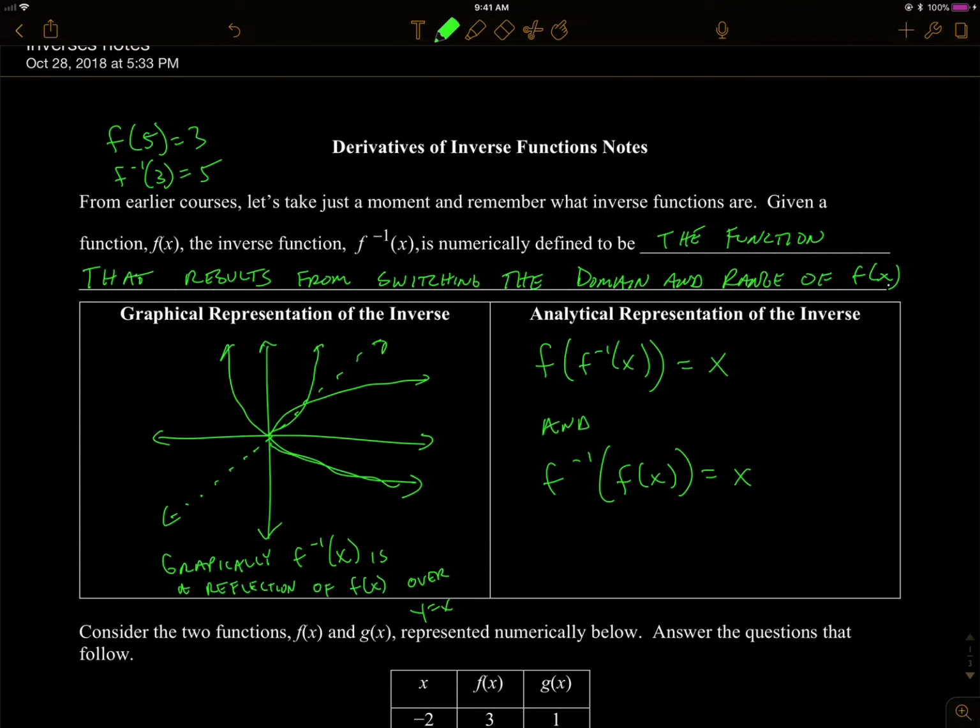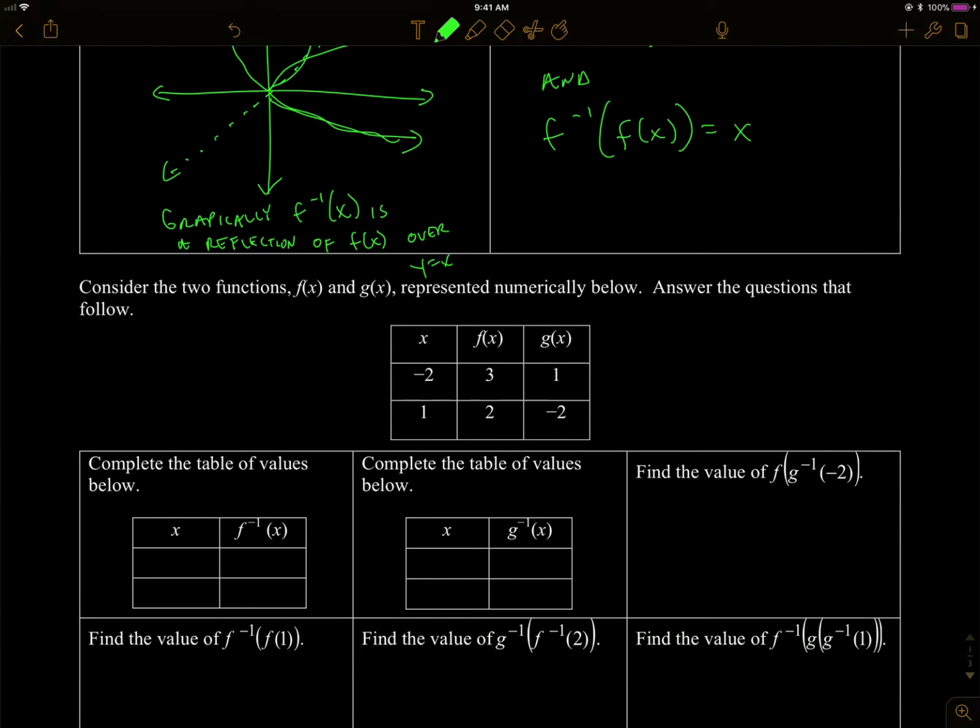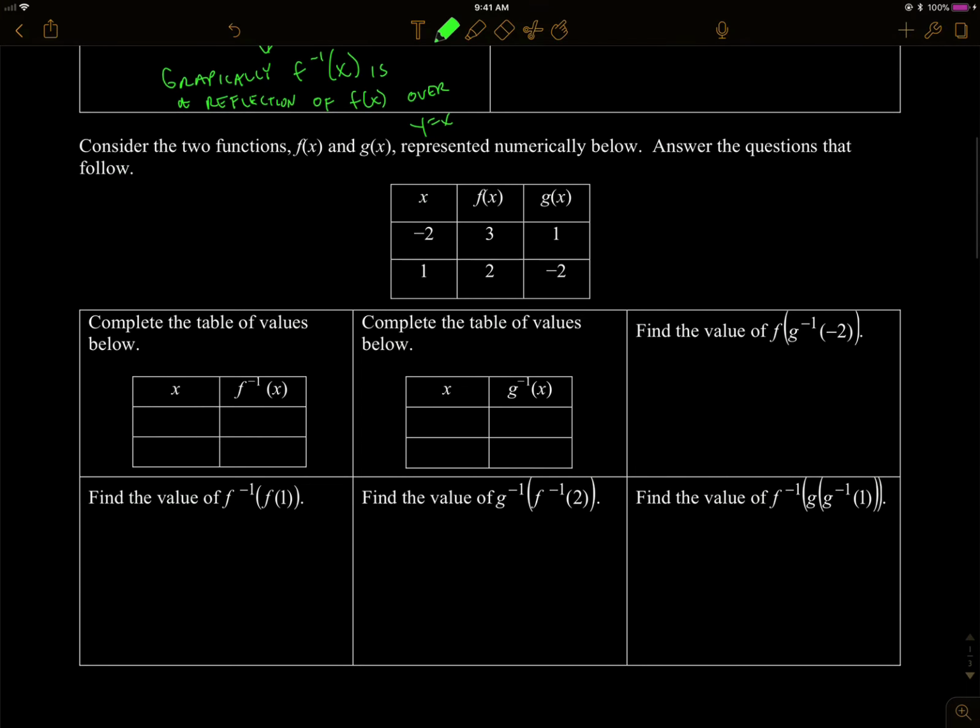If I compose f inverse of f, I get back to my input value of x. So f undoes f inverse, and f inverse undoes f. So again, think of all those operations. That's how we can show or prove that a function's an inverse. We can do the composition and come back to x.